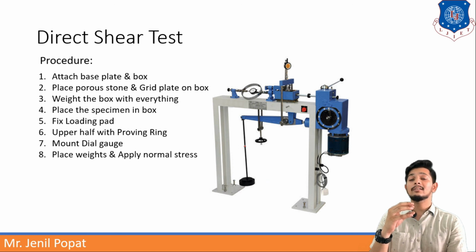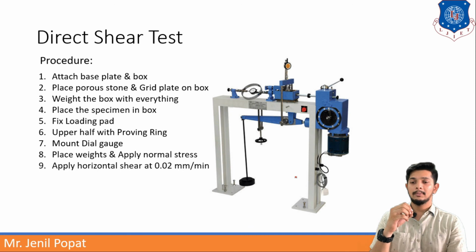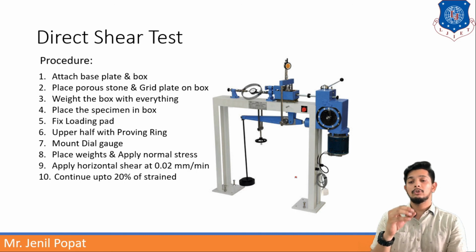These weights will provide normal stress to the soil specimen, and you apply horizontal shear at a rate. Do remember the rate, it is very slow, 0.02 mm per minute. You have to apply shear stress and continue until the material is strained up to 20%.